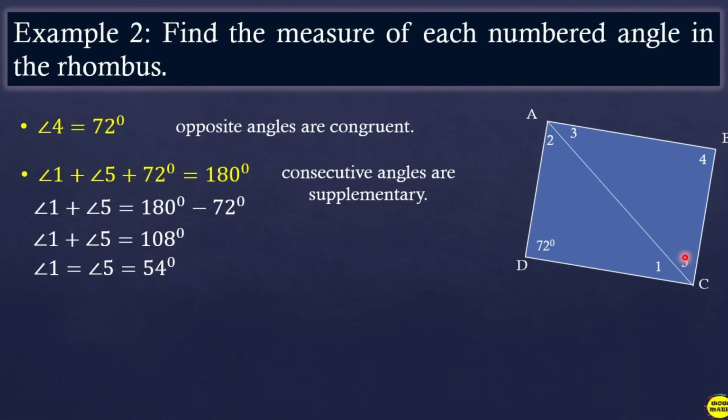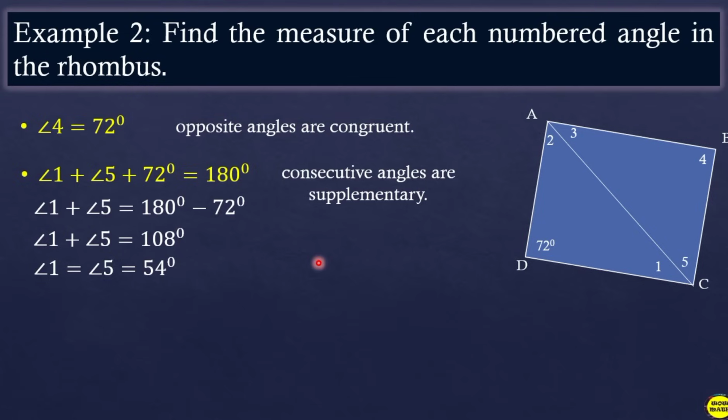Okay. So, ibig sabihin, si angle 1 is equal to angle 5, so i-divide lang natin yung 108 sa kanilang dalawa. Okay, bakit ma'am i-divide? Kasi nga po, 'di ba, diagonals bisect vertices. Yun yung isa sa mga property kanina. So kung bisect, ibig sabihin hinahati niya yan ng pantay.